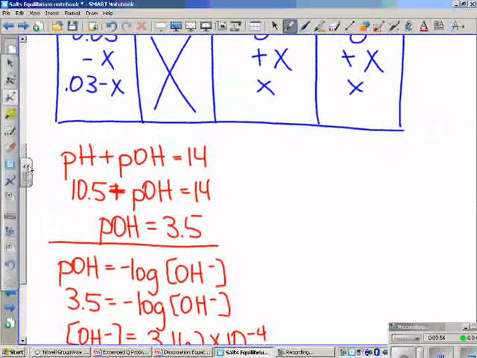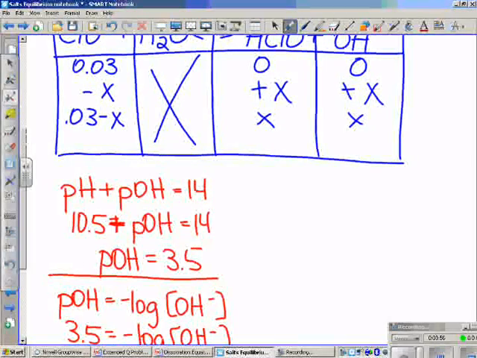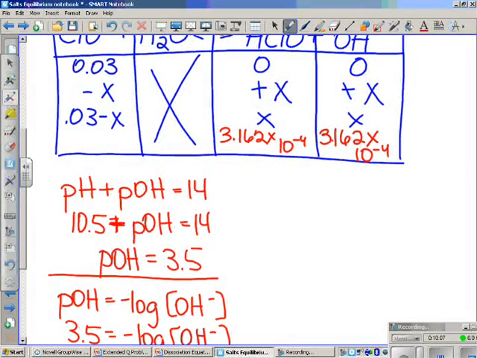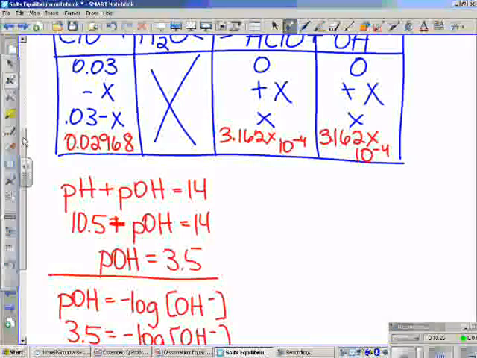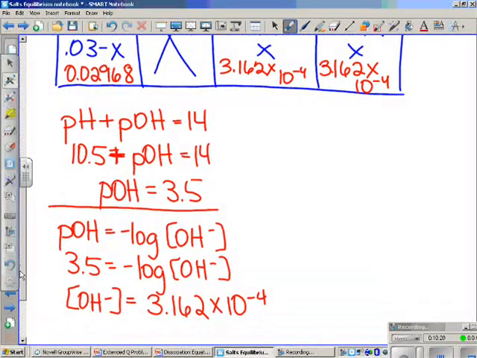So I can bring that back up to my table now. My OH minus goes here, 3.162 times 10 to the negative 4th. That also tells me this one, because that is what X is now. And then over here, so I have all my concentrations. The question didn't ask me for the concentrations, it asked me for Kb. And since this is a base, that is what we are calculating.